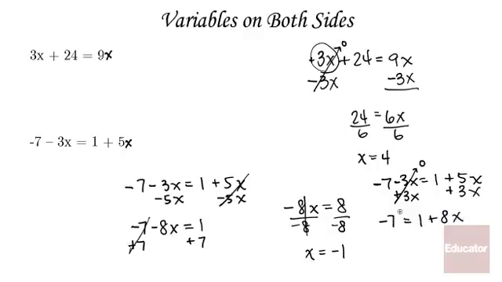And then to get the 1 to the left side, you're going to subtract 1, and you have negative 8 equals 8x. And now we're going to divide both sides by 8. And you'll see that x still equals negative 1. So as long as you're using the properties of equality, adding and subtracting to both sides, or multiplying and dividing to both sides, your answer will come out the same whether you begin with one step or another step.